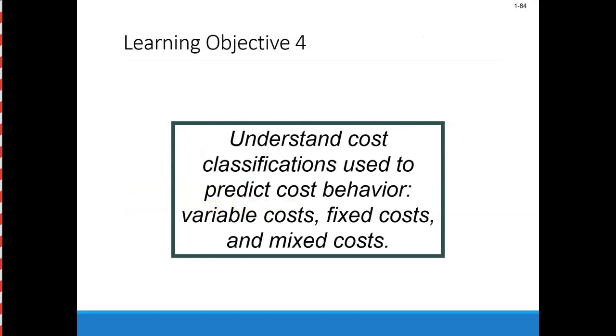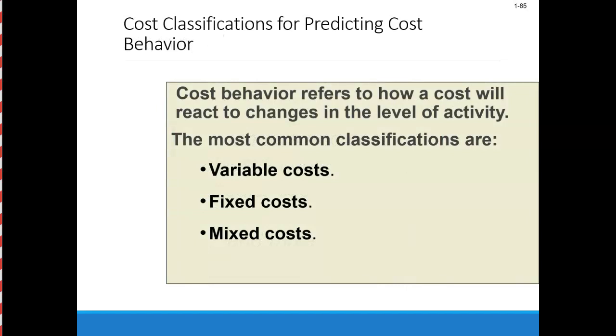Now, we're going to look at other costs. There's a lot of understanding in this chapter. We're going to look at variable, fixed, and mixed costs. Cost behavior refers to how a cost will react to the changes in the level of activity.